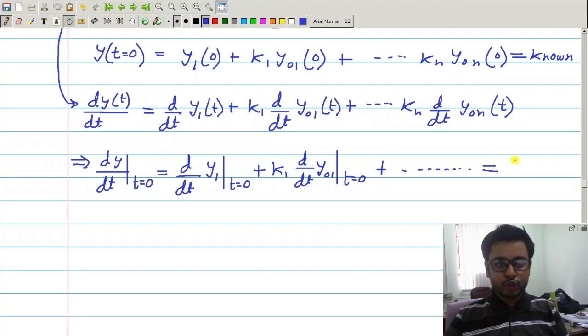This is also known because this term is given in the boundary conditions.